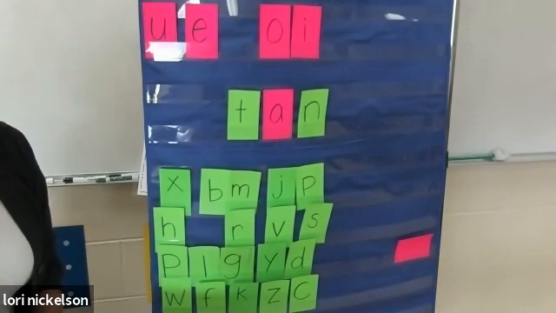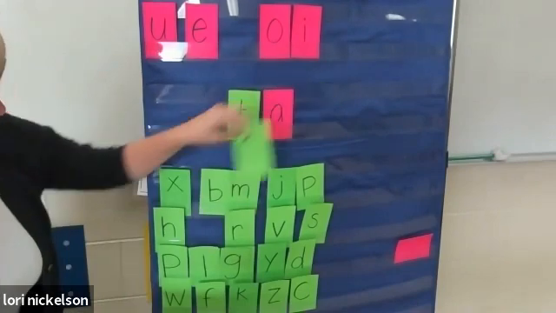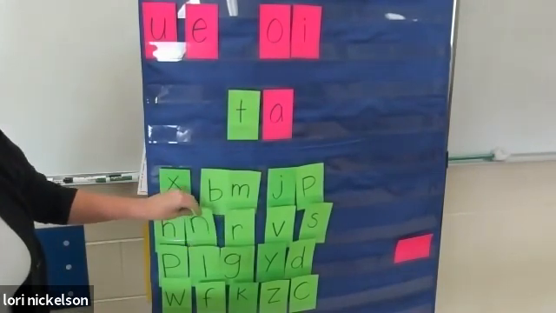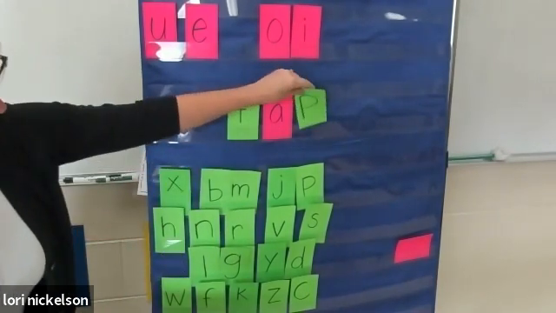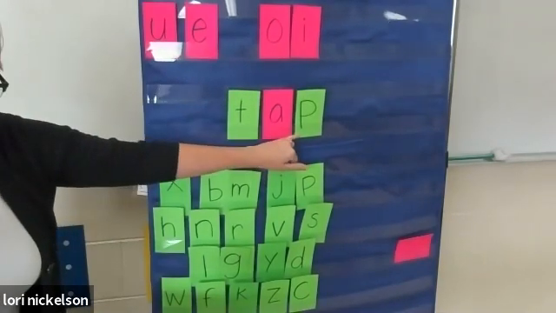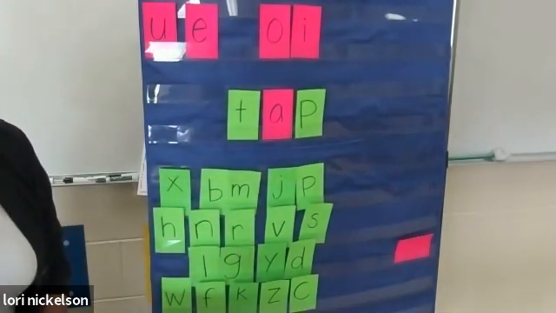Good. So tan, let's make tan into tap. Tap. What letter do I want to replace? The N with the P. And now I have tap. So tap into tip. Tip.